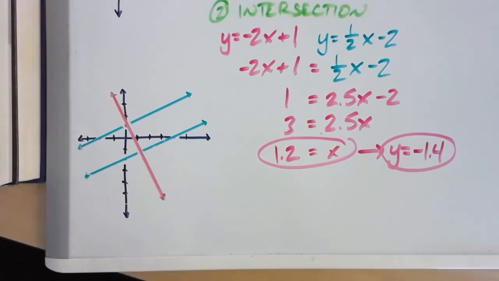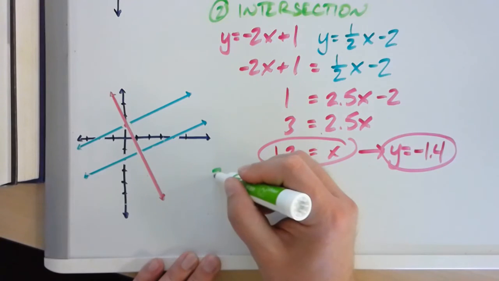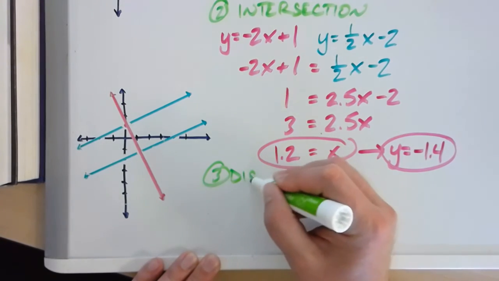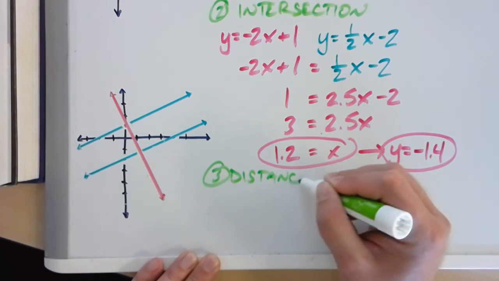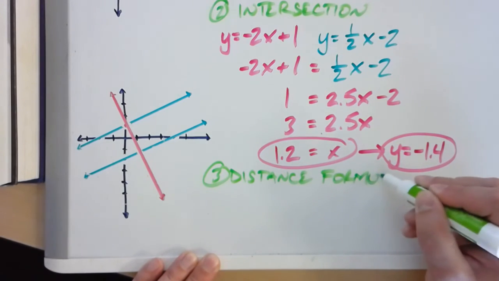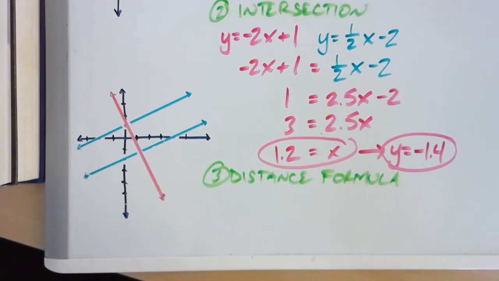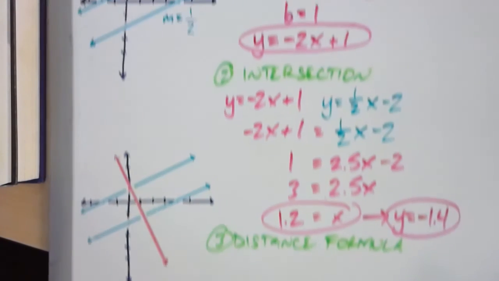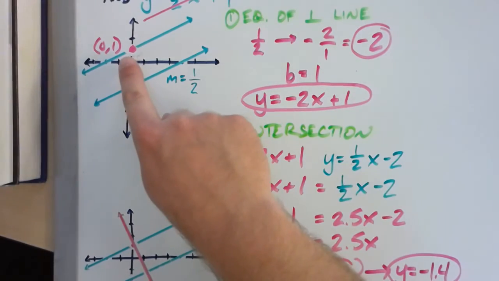And step 3 involves my distance formula. And in order to use distance formula, I need 2 coordinate points. So all this work before was about establishing 2 coordinates to find the distance between. I started by picking one coordinate point right here.